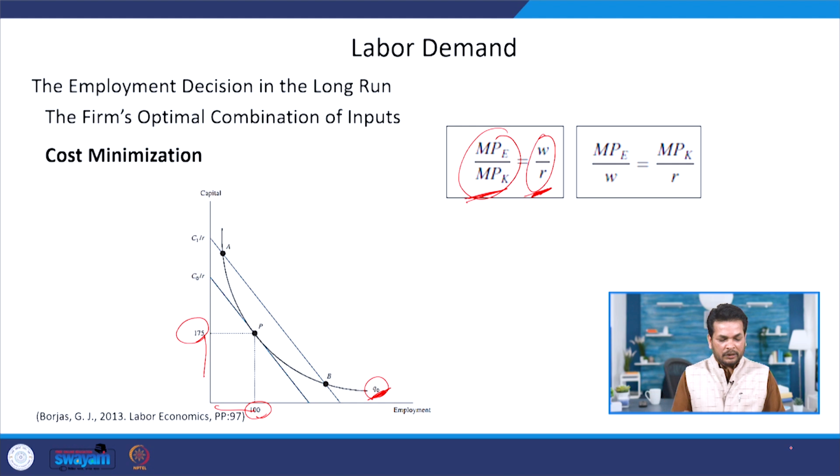The farm will employ this much capital and this much labor and will operate at point P. If you compare with point A and point B, the farm can produce the same unit of output at point A and point B, but this is going to have a higher cost. Point A and point B lie on a higher isocost function. So, A and B are definitely going to be costlier to produce the same unit of output as compared to point P.